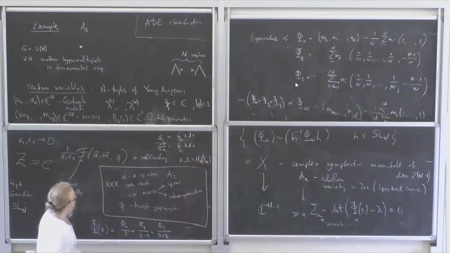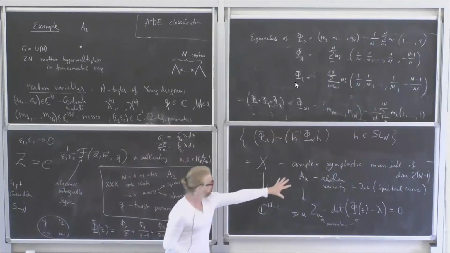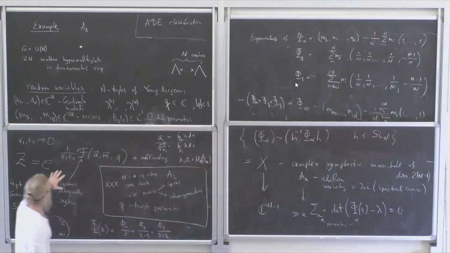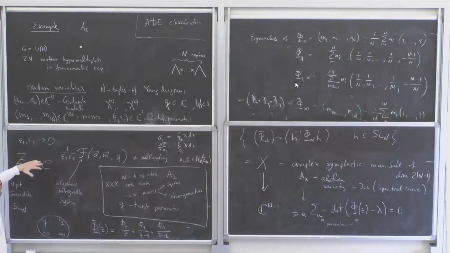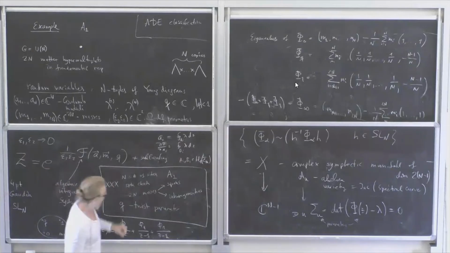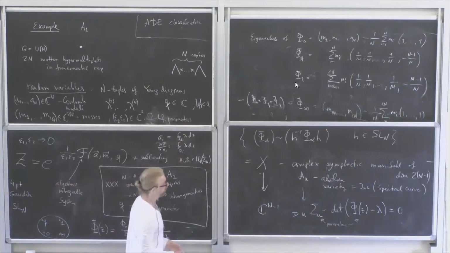So that's how the classical geometry of the family of curves arises as a limit shape, in fact, of this partition function, which is a sum over partitions.